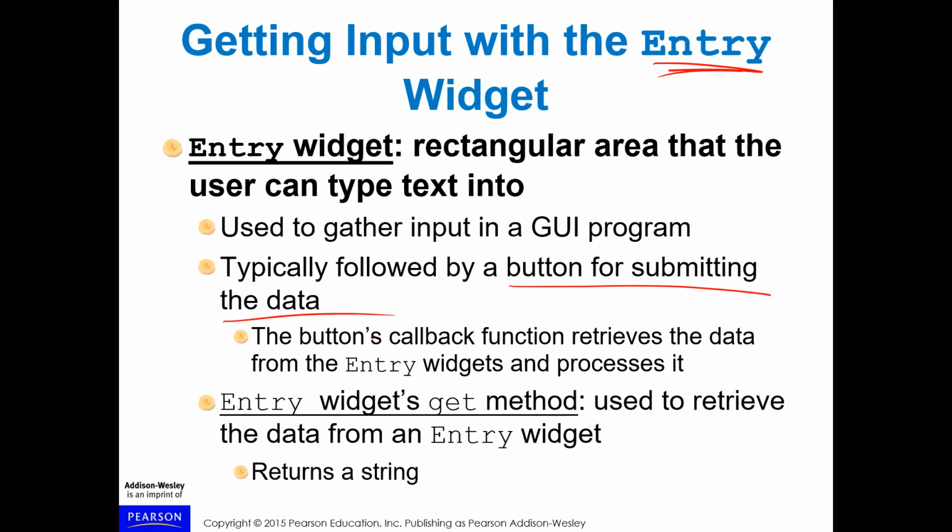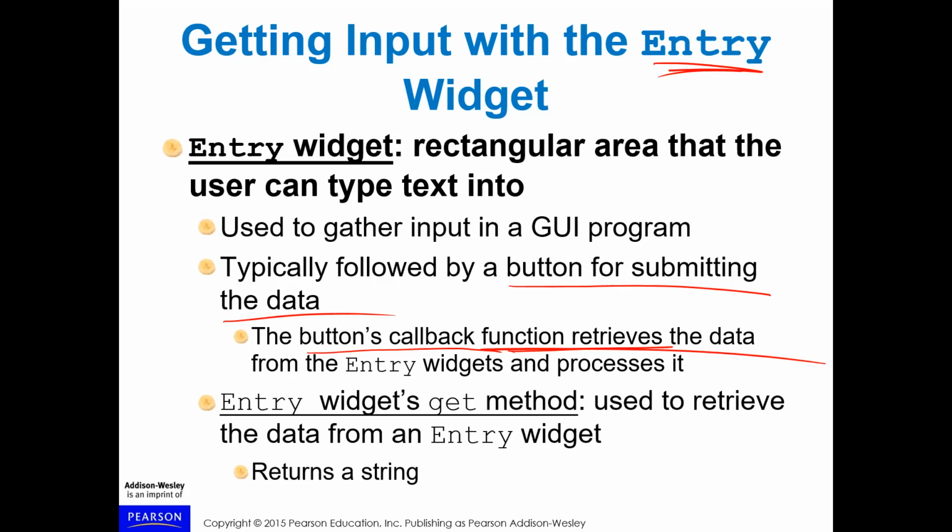So here, the important thing is that the button's callback function retrieves the data from the entry widget and processes it. The entry widget's get method is used to retrieve the data from an entry widget, and it returns a string.